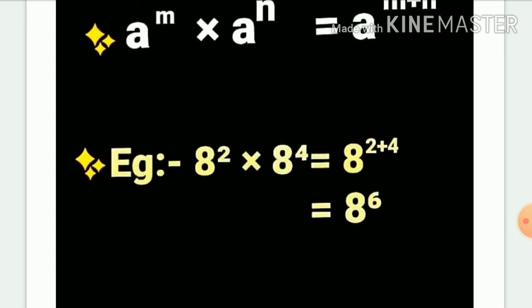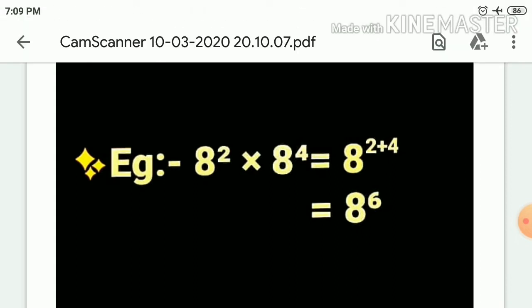So it equals 8 raised to 2 plus 4. 2 plus 4 is how much? 6. So 8 raised to 6. If they ask you to simplify, you just do it till here, 8 raised to 6. If they ask you to simplify and get the value also, then you know how to get the value of 8 raised to 6: 8 will get multiplied 6 times.